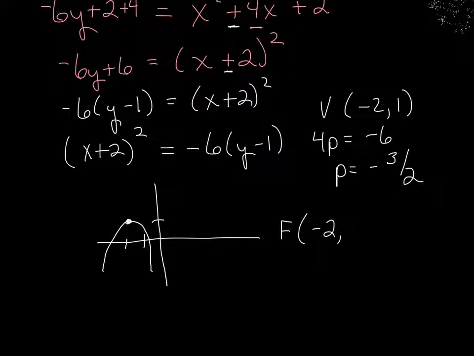So we're going to have 1 minus 3/2, which is -1/2. So our focus would be right here. If I wanted the directrix, what would the directrix be? 5/2. It would be 1 plus 3/2. The directrix would be right here. Good.